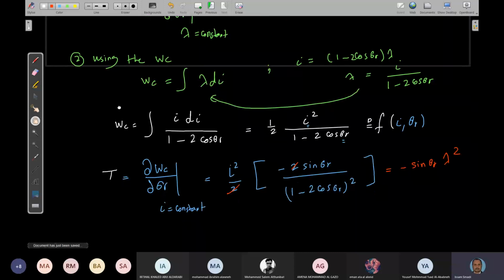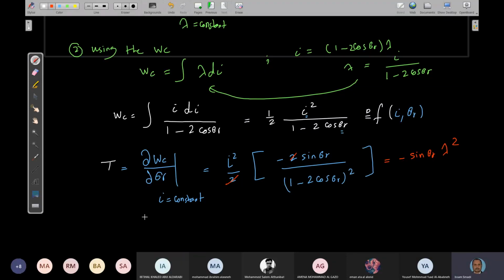So if I need to write the torque in terms of the current, T will equal minus sine theta r over 1 minus 2 cosine theta r all square multiplied by I square. This is the torque in terms of the current.